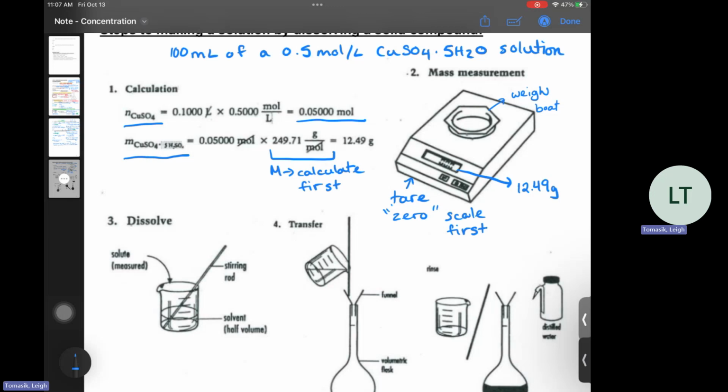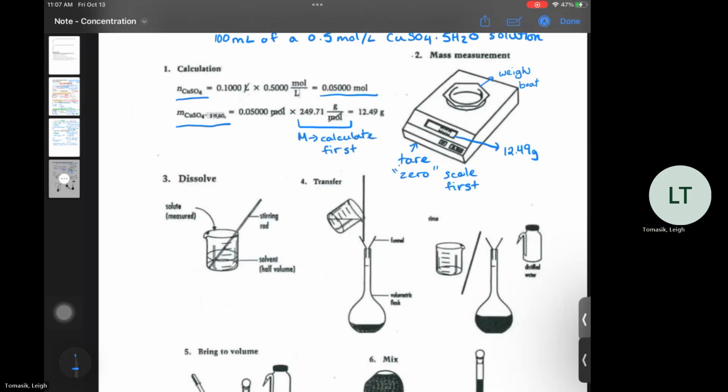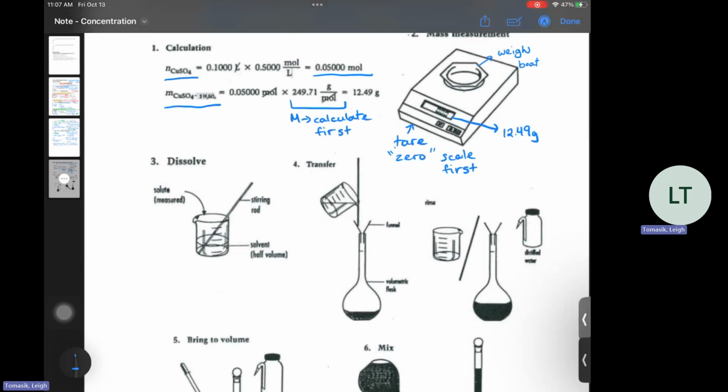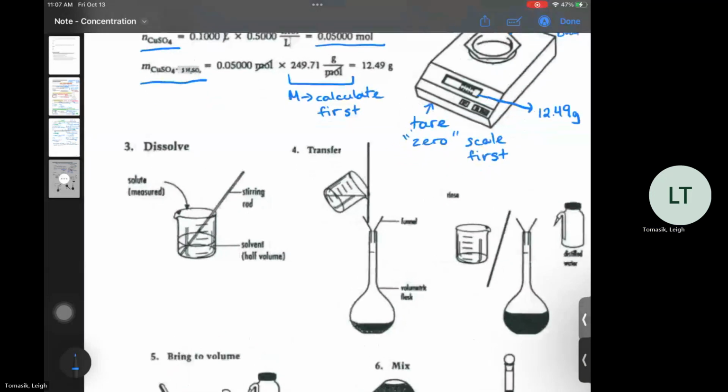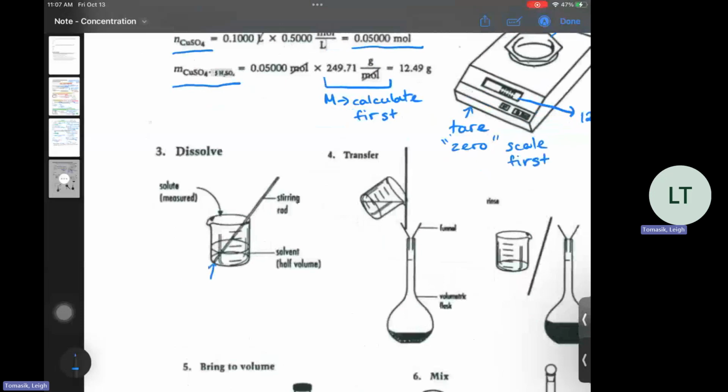Okay. So after we have our amount of chemical, we're going to get out this beaker and a stirring rod, and we'll put 50 mils, half of the amount that we want to use, of our solvent in.